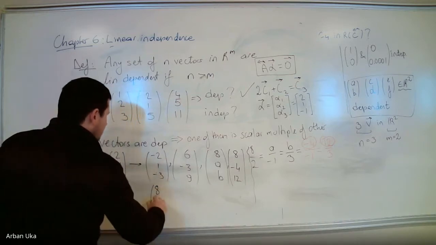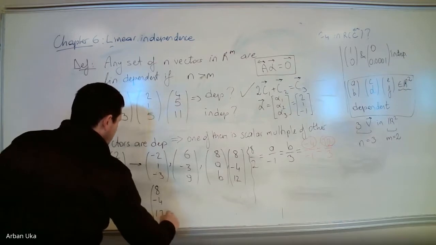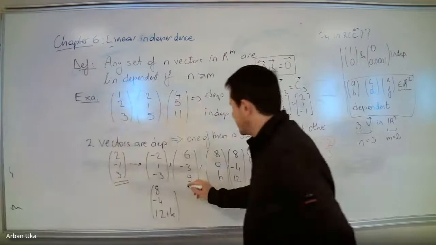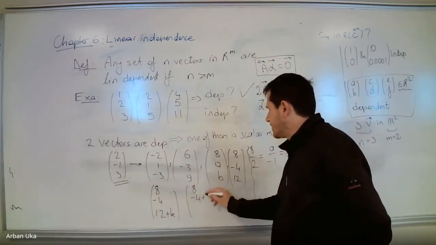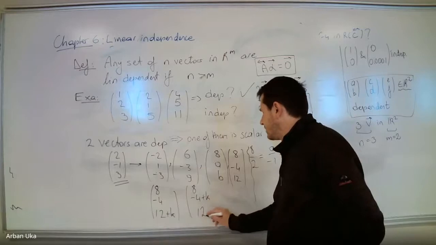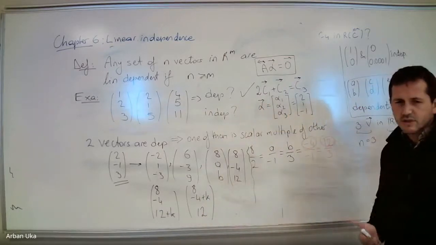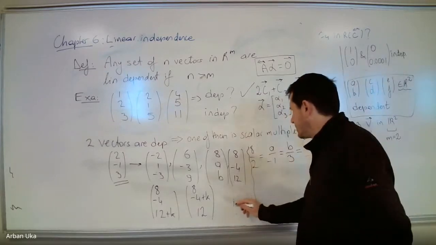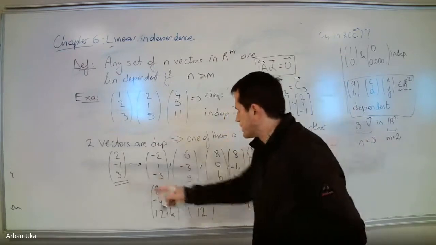We can say (8, -4, 12 + k), or similarly (8, -4 + k, 12). So if we change only one of the numbers by some non-zero value k, this will be linearly independent with respect to this, okay?